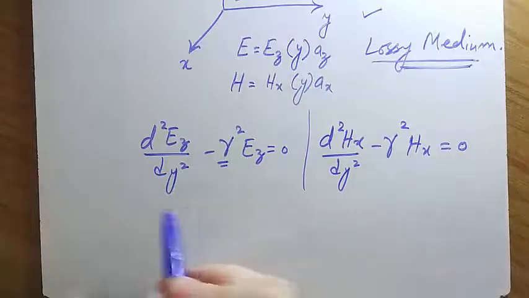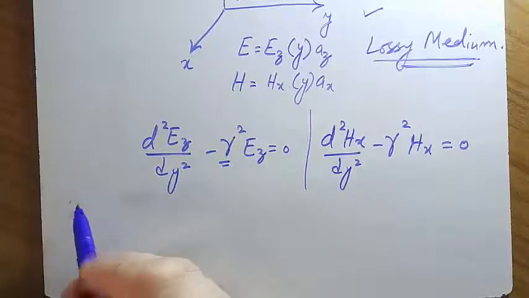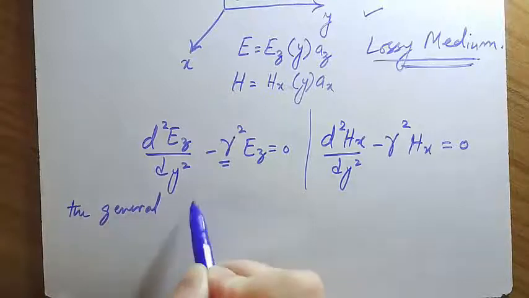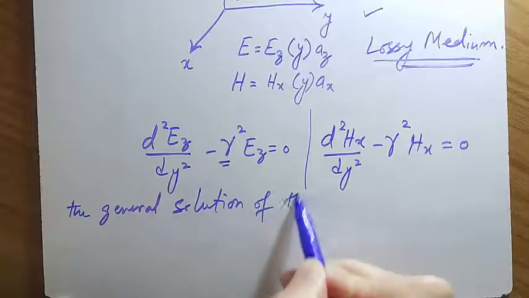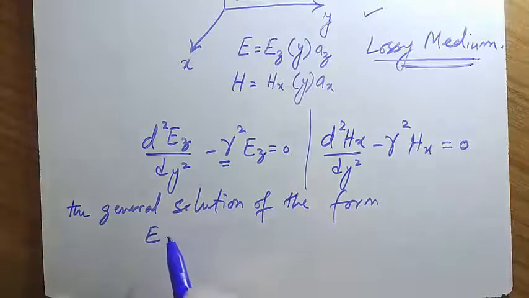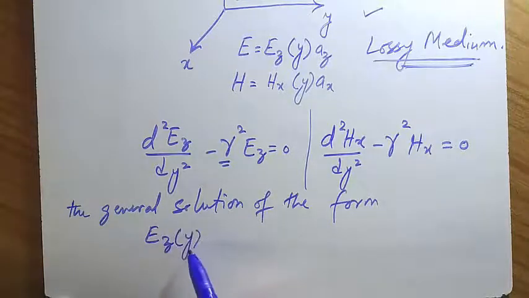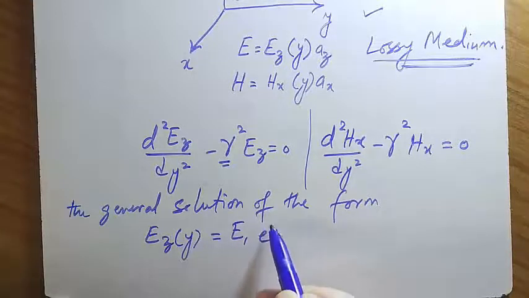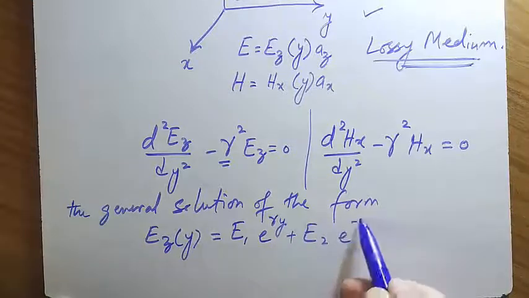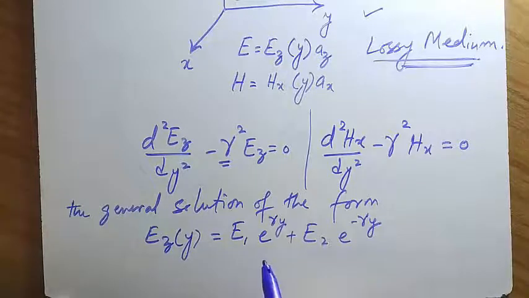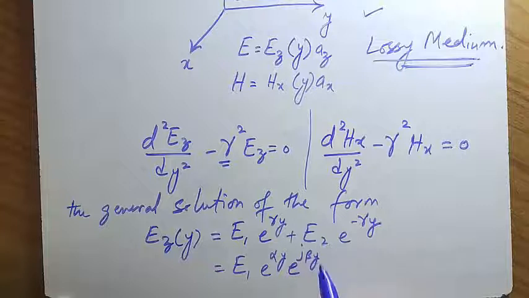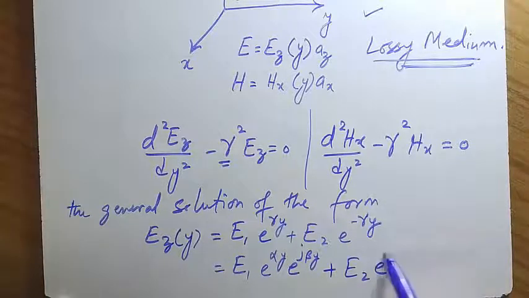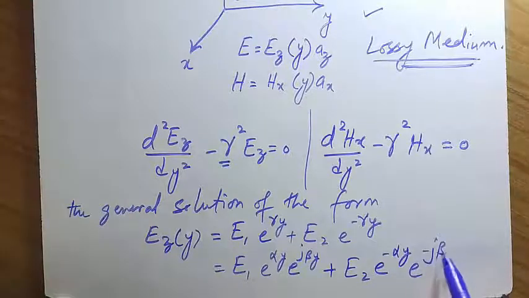So if we talk about the general solutions of the form, Ez with respect to y is equal to E1 e power gamma y plus E2 e power minus gamma y, which can also be written as E1 e power alpha y multiplied with e power j beta y, since gamma is equal to alpha plus j beta, so we can split them, and likewise E2 e power minus alpha y and e power minus j beta y.